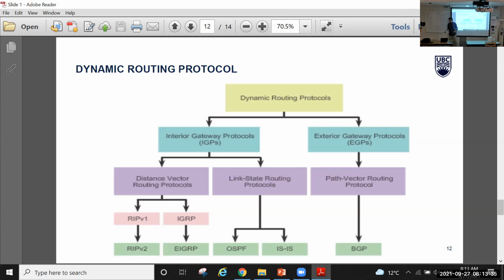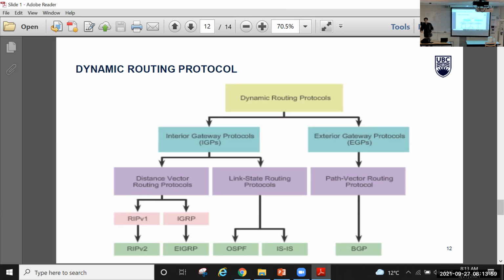But OSPF, in my opinion, is the best one to use as a routing protocol, but it has some disadvantages, such as it requires huge processing, huge RAM, huge CPU. So not all routers can deal with OSPF.